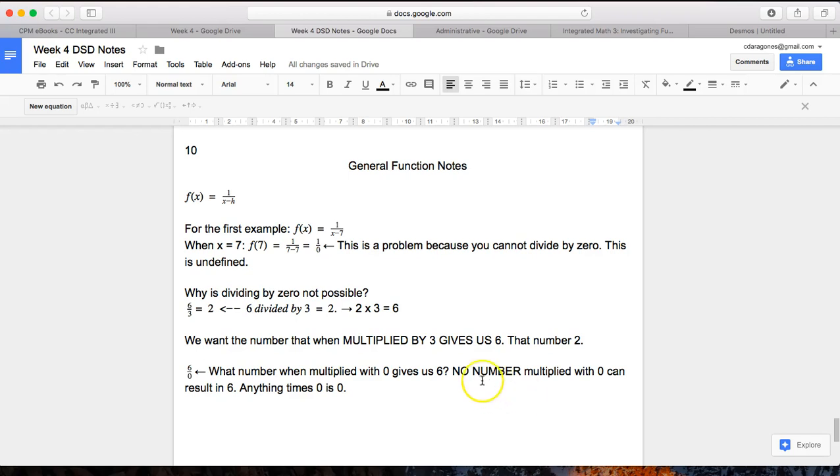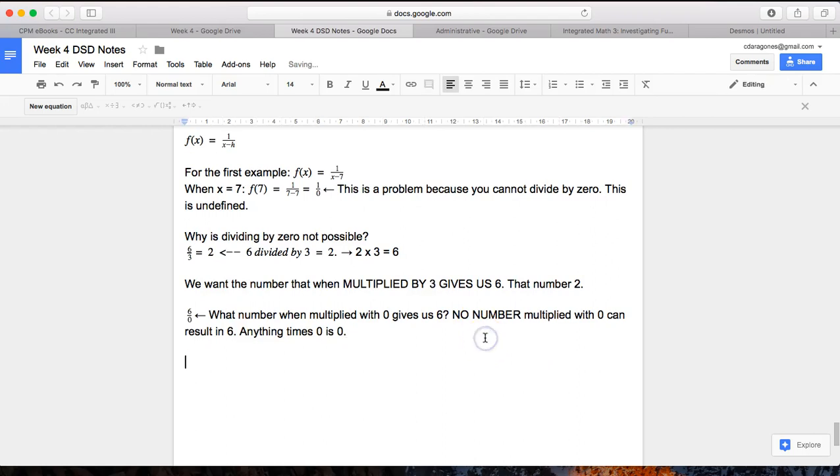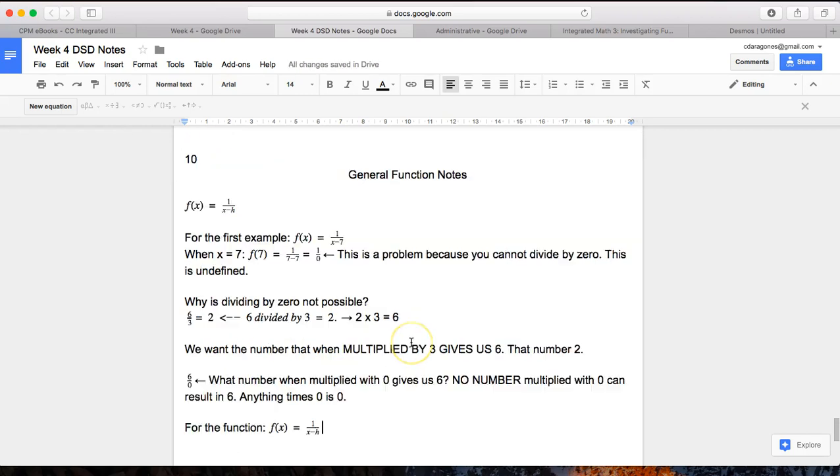Okay, so in general, for the function f of x equals 1 over x minus h, we notice something really interesting.